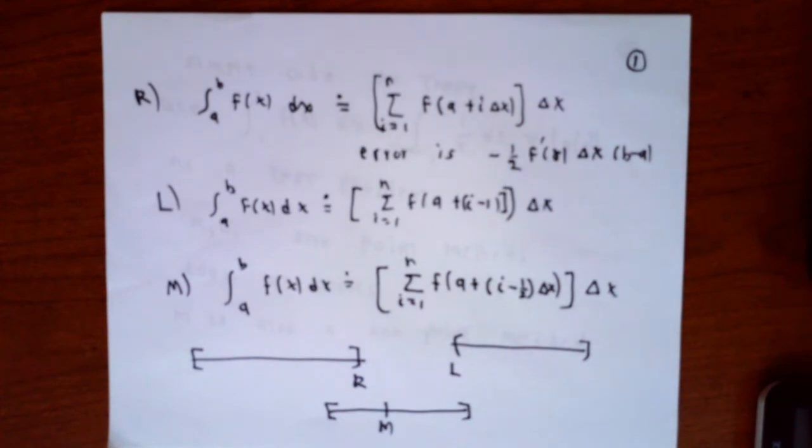We didn't explicitly work out the error term for the left end rule, but if you do it, it's extremely similar to that of the right end rule. So the right end rule on a subinterval uses this point, the left end rule uses this point, and the midpoint rule uses the point in the middle, which is going to cause some complications. But it turns out that these complications are the good kind.